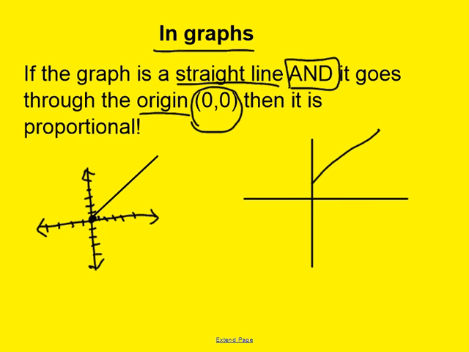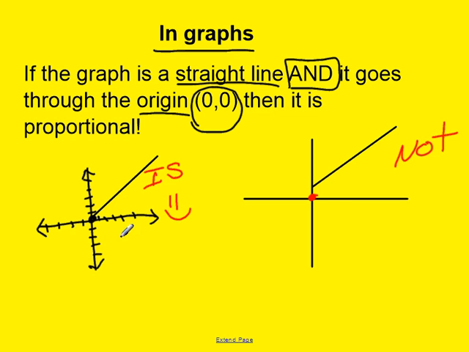Oh, hang on. There we go. It is a straight line, so that has half of the requirements, but it does not go through the origin. That point 0, 0 right in the center of the graph. So this would not be a proportional relationship. Not. This one is. Okay?